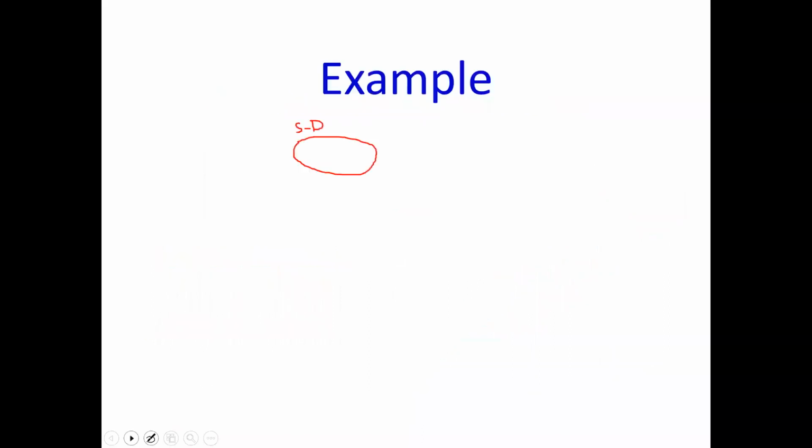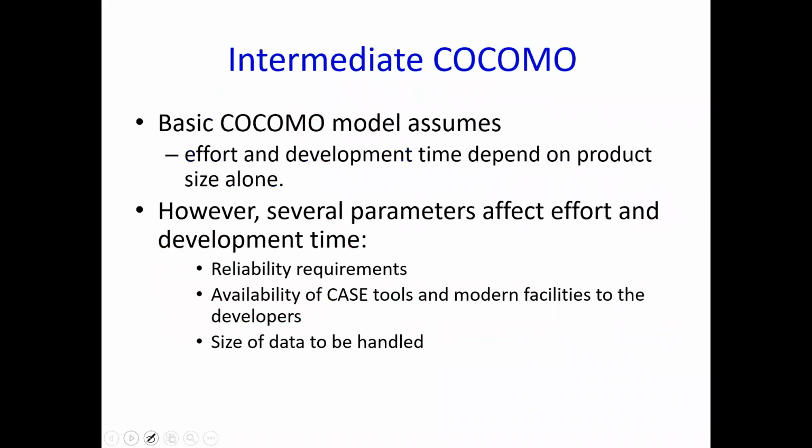Now, whatever I am telling is for intermediate COCOMO, where we should take everything into consideration. This is basic COCOMO. In basic COCOMO, only KLOC is taken into consideration. That is size. But in intermediate COCOMO, many factors should be taken into consideration, that means several parameters.